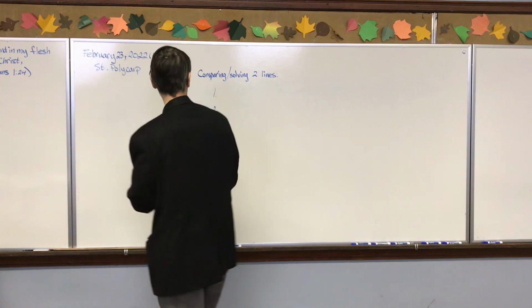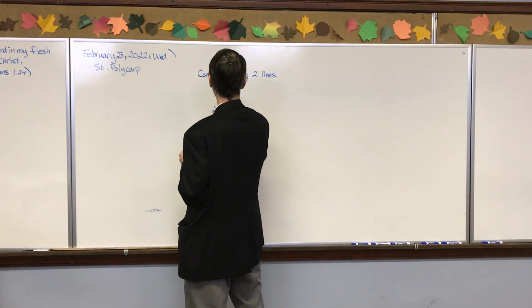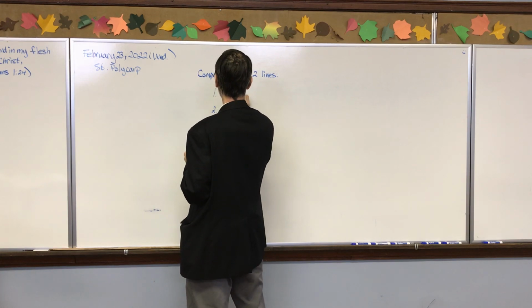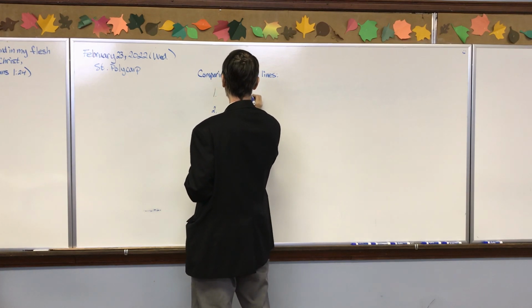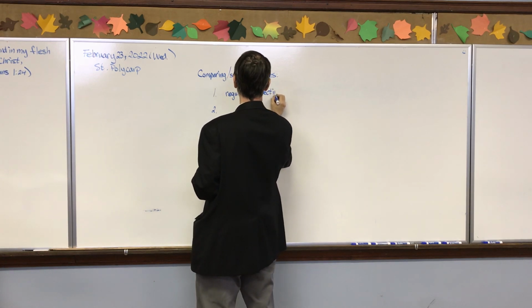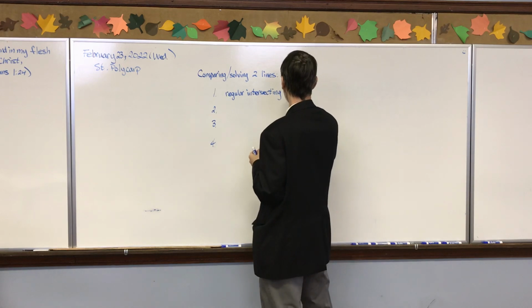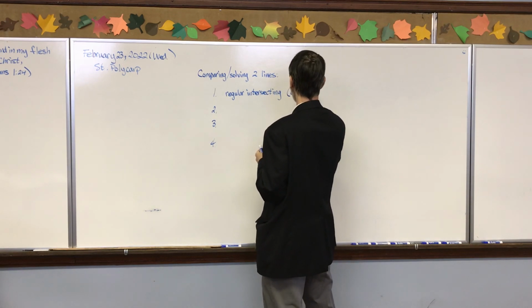Solving could be, for example, what we call regular intersecting. In other words, they cross once.